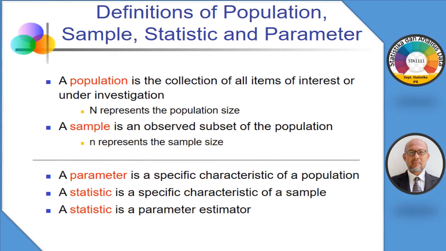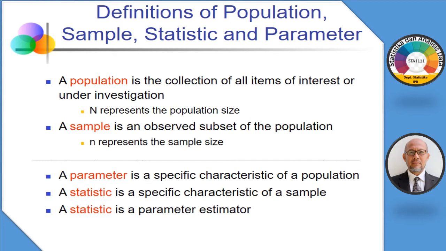And then what about parameter? A parameter is a specific characteristic of a population. Remember population and parameter: population is the object and parameter is the characteristic of a population. For example, the average weight of a population.